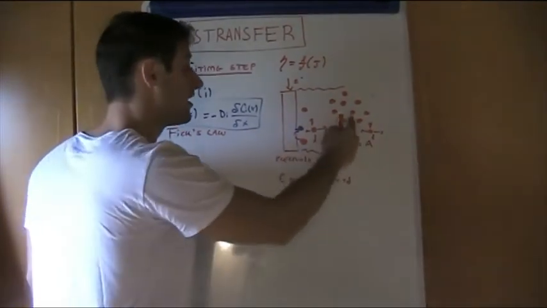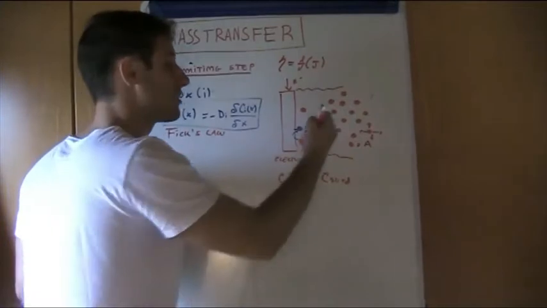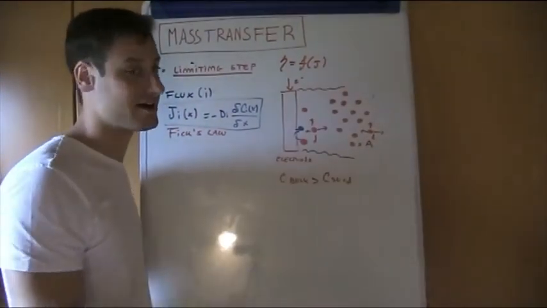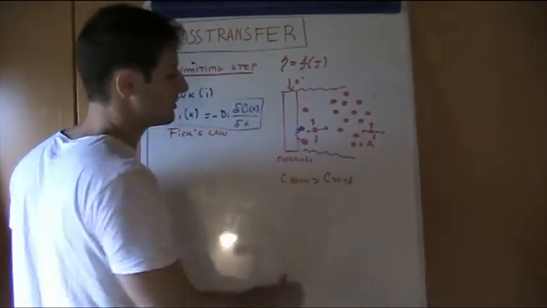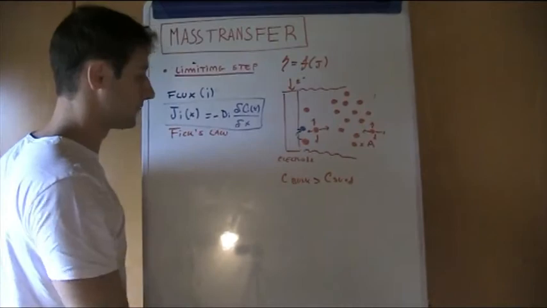Why? Because here we have more species, more molecules, and so the probability of migration from a zone in which we have more molecules is higher. And so the system spontaneously tries to homogenize itself.